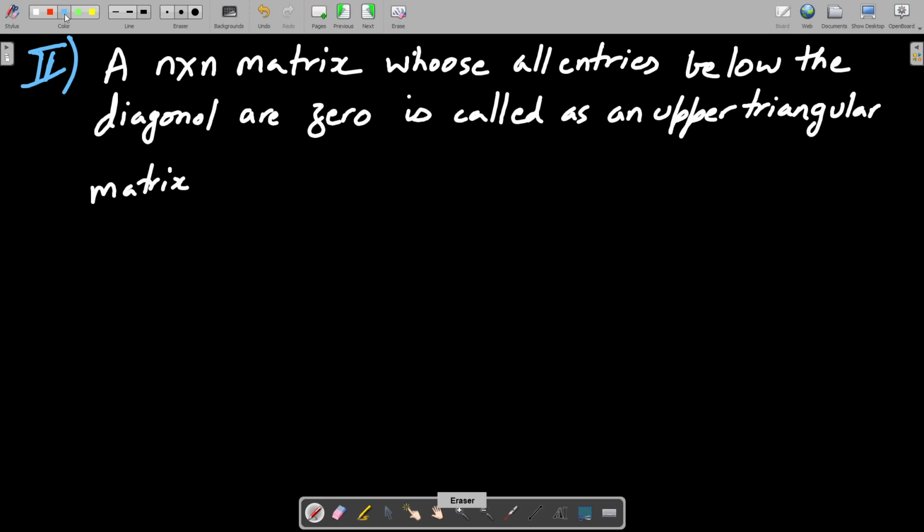Okay, so let's underline here upper triangular matrix.